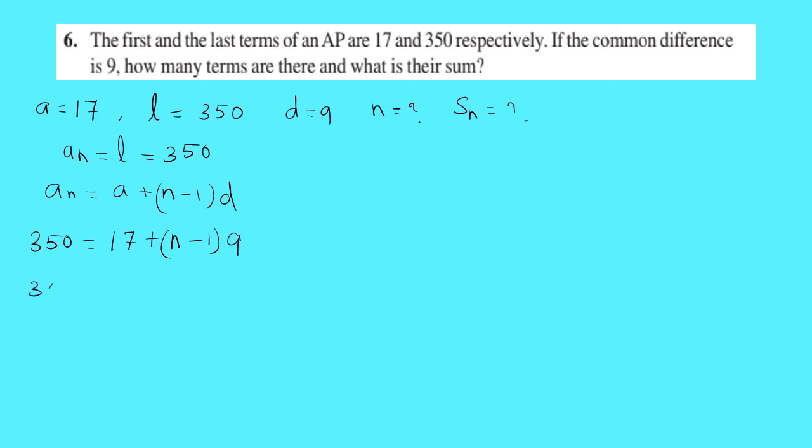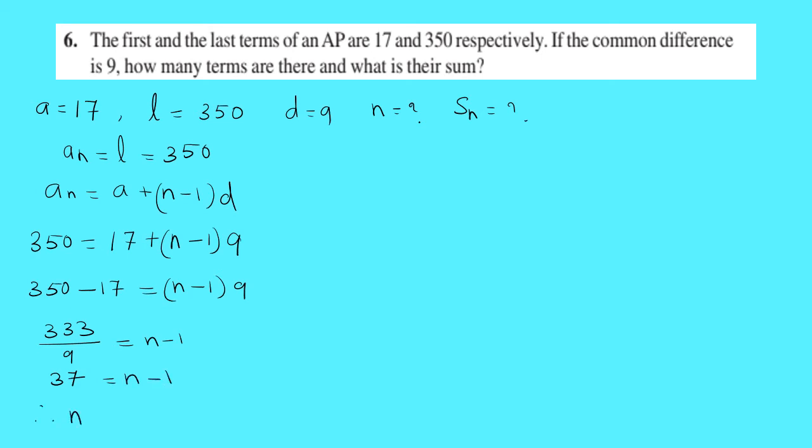So we will have 350 minus 17 equal to n minus 1 multiplied by 9. 350 minus 17, that is 333, upon 9 equal to n minus 1. 9 goes in 333, that is 37 times, equal to n minus 1.